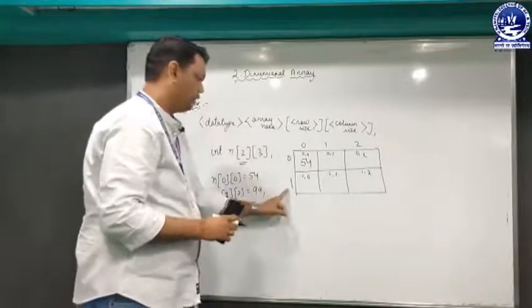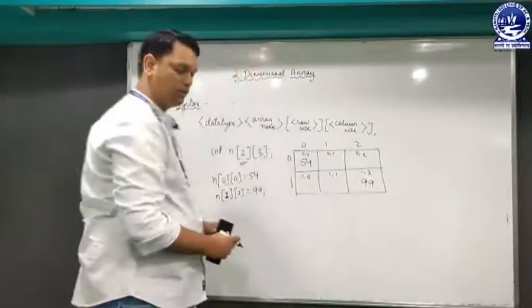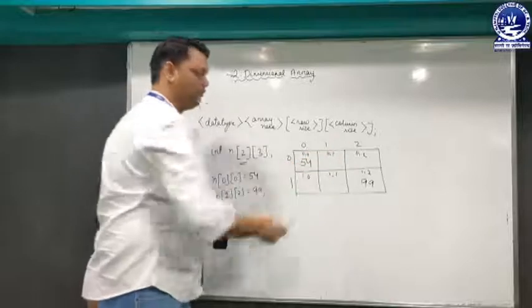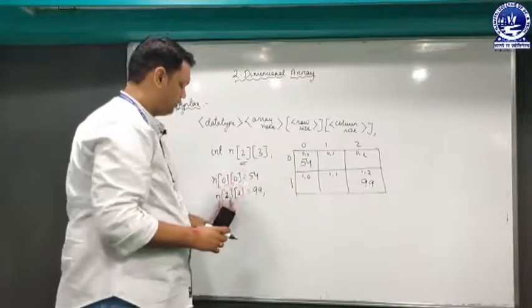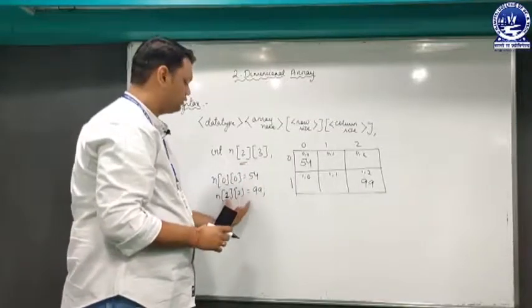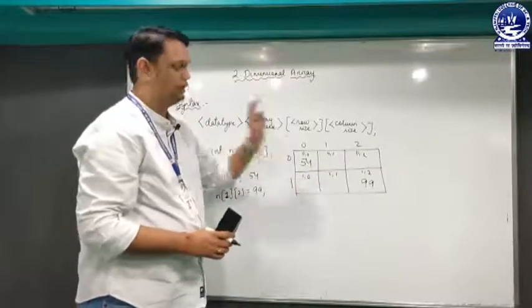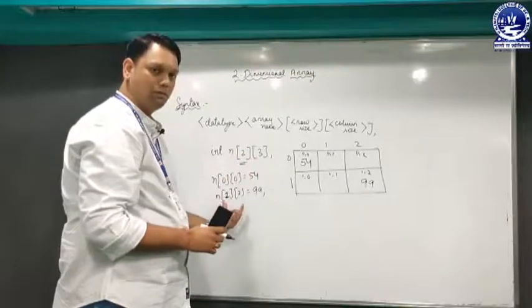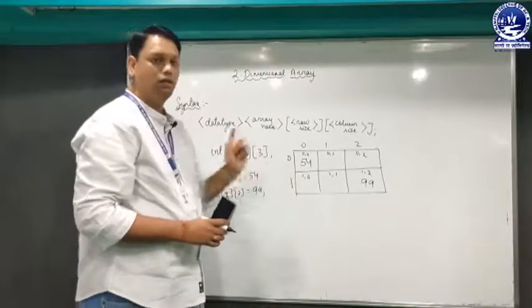So n of 1, 2 will have the value 99. Similarly, I can store any value using the indexes of the array. First we give the row number, second the column value. In this way we can store the elements of the array through the index number. So this is all about the syntax and example of a 2D array.